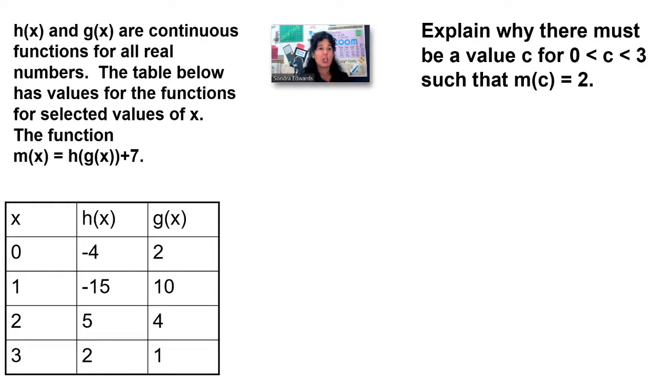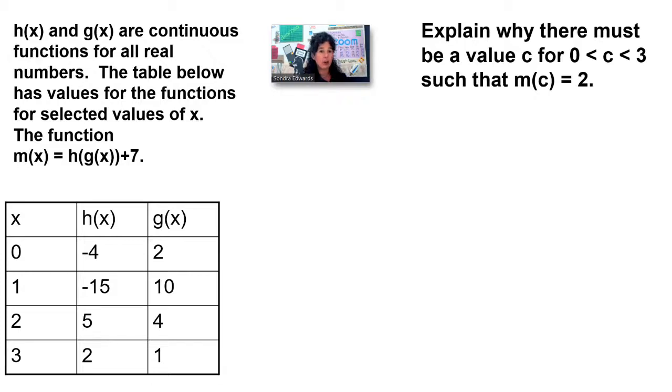Let's read the question. h of x and g of x are continuous functions for all real numbers. I'm going to stop there for a moment. Saying that h and g are continuous functions leads me to believe that we're going to be using a theorem, because continuity is a prerequisite for nearly every theorem.